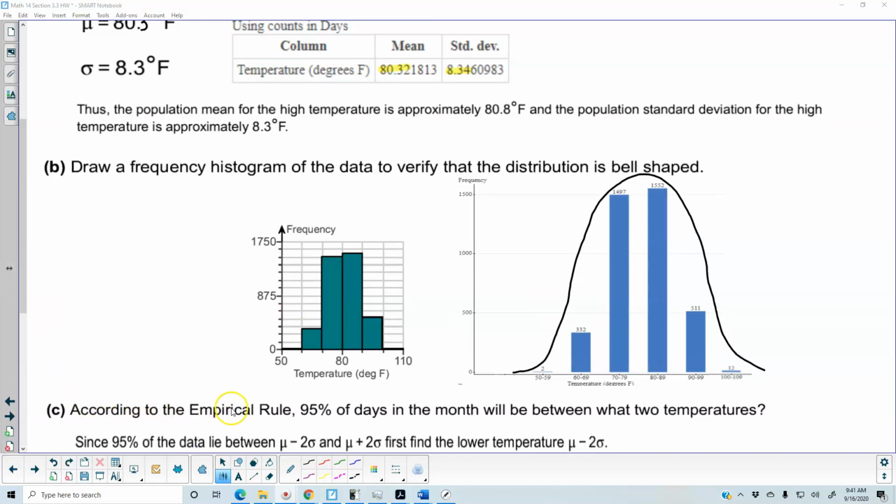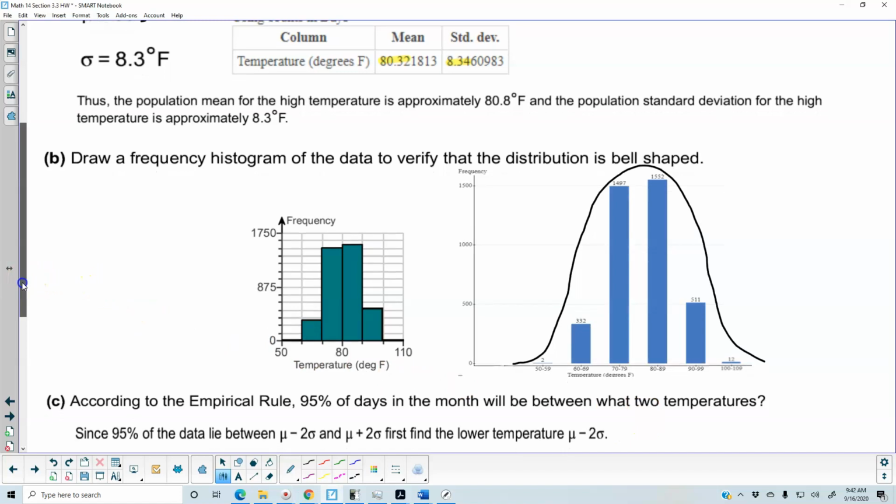And for part C, it says, according to the empirical rule, 95% of days in the month will be between what two temperatures? Well, let's go back to the definition of the empirical rule. Since 95% lie between the mean minus 2 times the standard deviation and the mean plus 2 times the standard deviation, we want to find the lower and the upper.